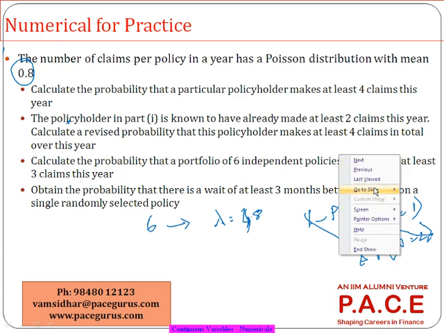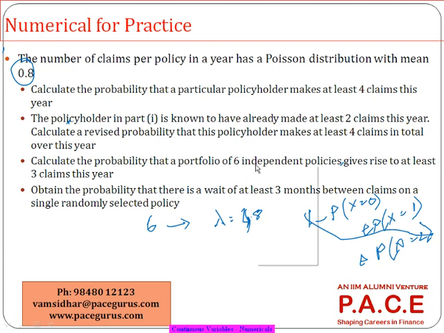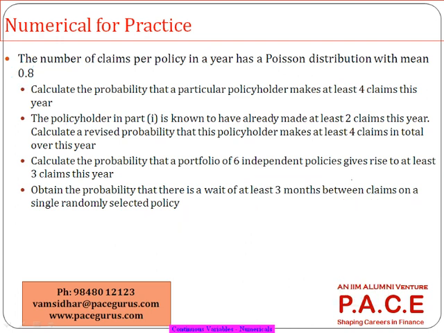In any Poisson process, the waiting time between two events we will always take as exponential distribution. Now lambda equal to 0.8 is in terms of years, so here also I have to make it into years: 1/4 year.